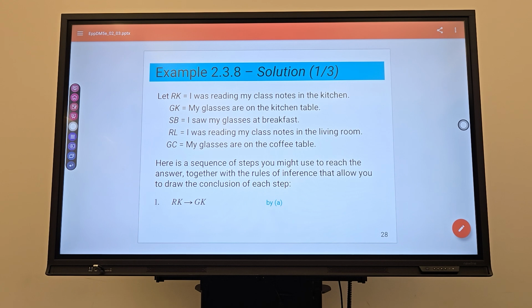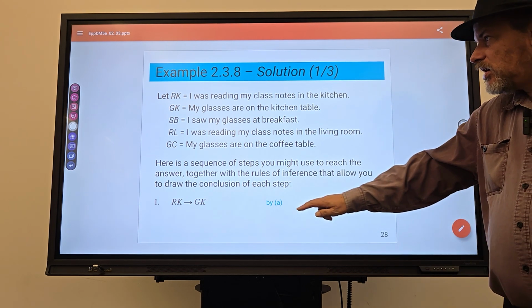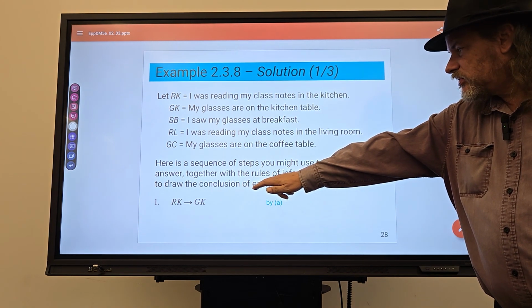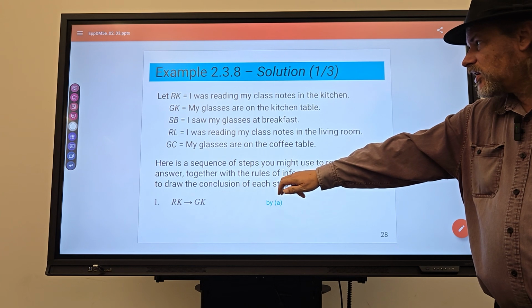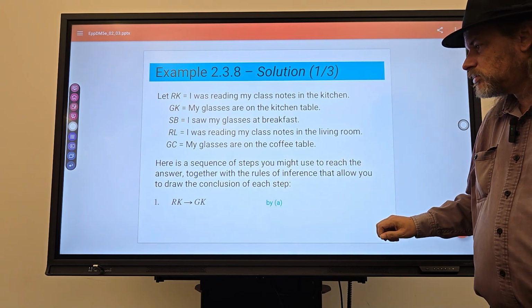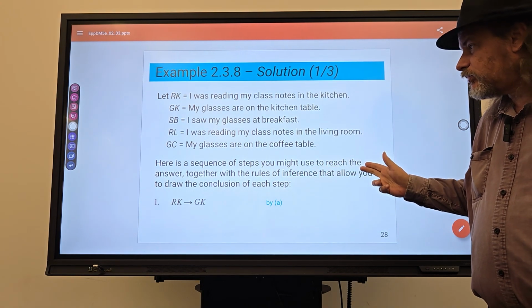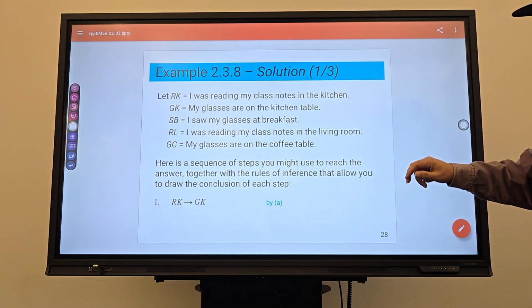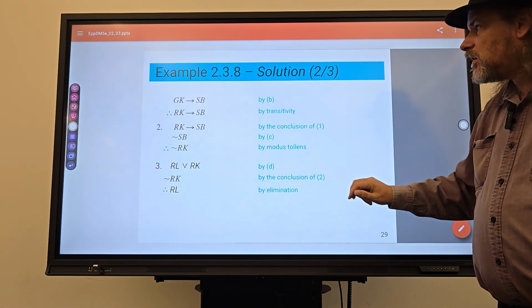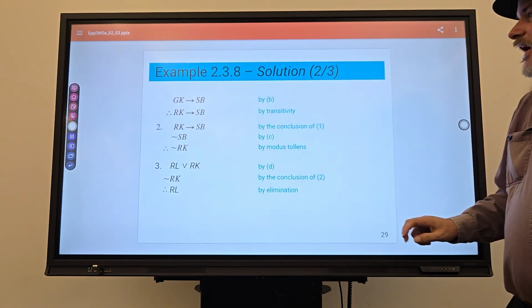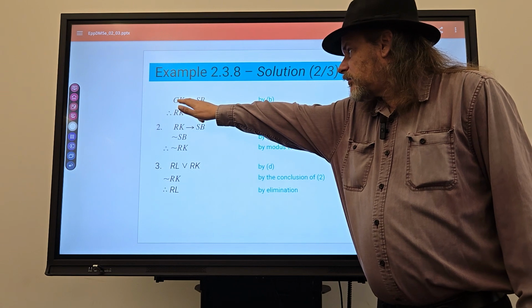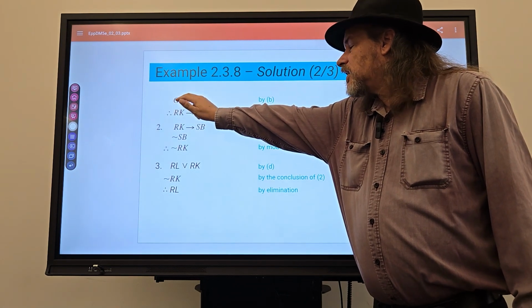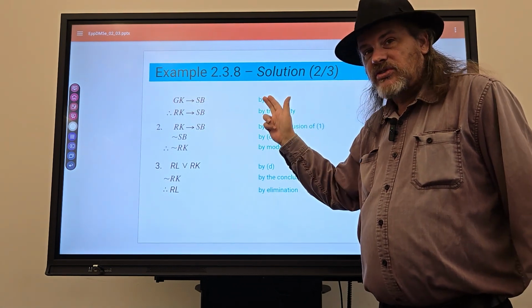Here is a sequence of steps that you could use to reach the answer, which we did intuitively pretty quickly. If I was reading in the kitchen, then the glasses are on the kitchen table, by the statement given earlier. And if the glasses are on the kitchen table, you saw them at breakfast.